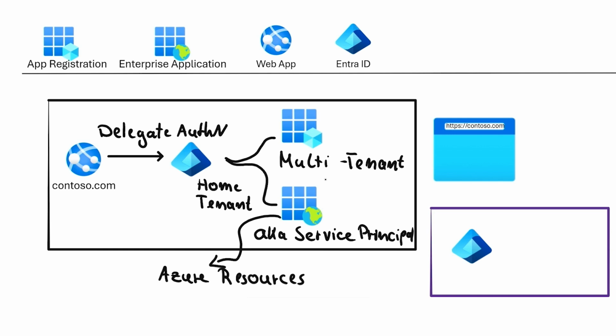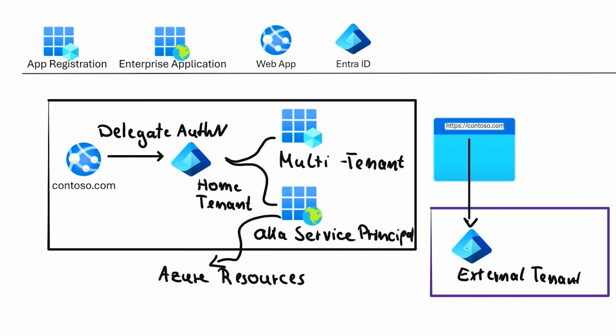So multi-tenant means that even if someone completely externally from another company logs into contoso.com in their browser, and they have their own tenant, which has nothing to do with your tenant, with multi-tenant configuration, you allow them to authenticate against their tenant because there's an implicit trust relationship between all Entra ID tenants.